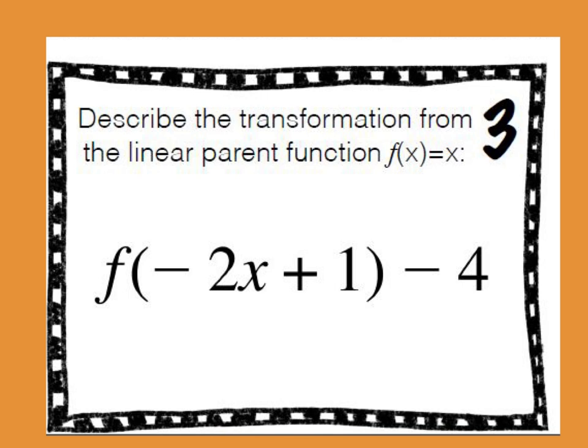We have 4 things. This, that, and that. So 4 different things going on here. So let's start with the negative that's this time inside our parentheses. Inside, horizontal, right? So because it's horizontal, it's going this way. Which axis would it have to be reflecting over? The y-axis, right? So reflect over the y.